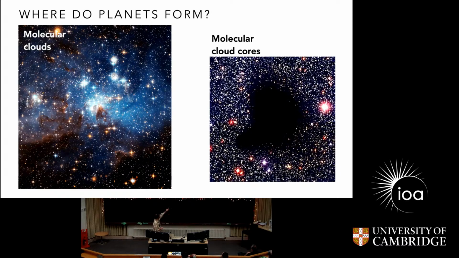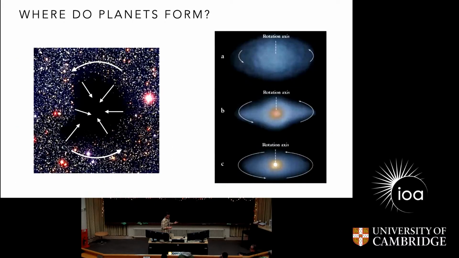You see this is a very dense molecular cloud core that appears like just a black dot. This is because the density is so high that this cloud is completely blocking the light coming from things that are behind it. The density is so high that these molecular cloud cores basically collapse under their own gravity. They collapse because they are very dense and very massive, but at the same time, these cores are also rotating.